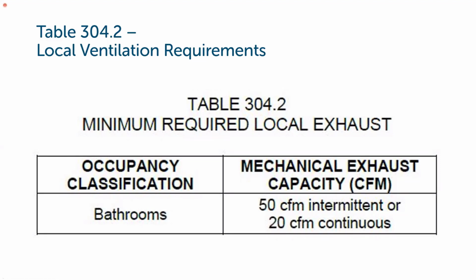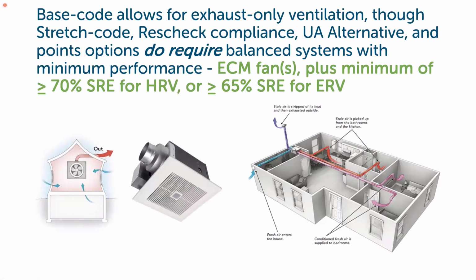So it's good and important to be able to actually test flows within buildings and understand that they're actually moving air as you intend them to be, because the fan itself is designed to do a job, but it's only one part of the whole system. So, when you look at what your system's options are, again, you can meet the building code requirements for base code with an exhaust-only system, or you could install a balanced ventilation system.